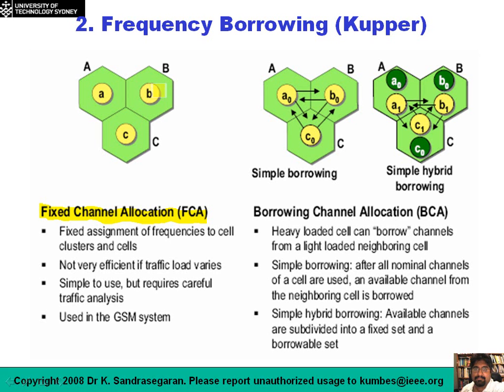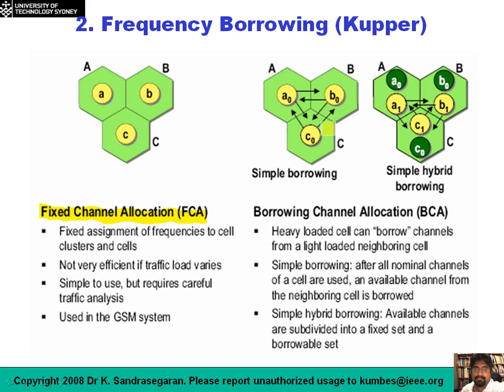So it's a simple to use strategy, because when you're planning it, you plan it and you put all the information into your network planning tool, and the frequencies are allocated to various cells, but it is not an efficient system. The second possibility is where you borrow cells.